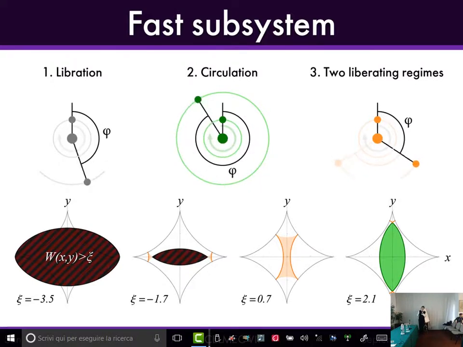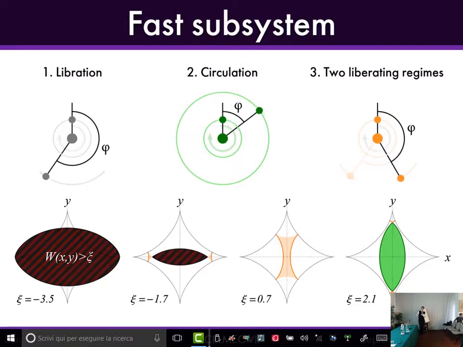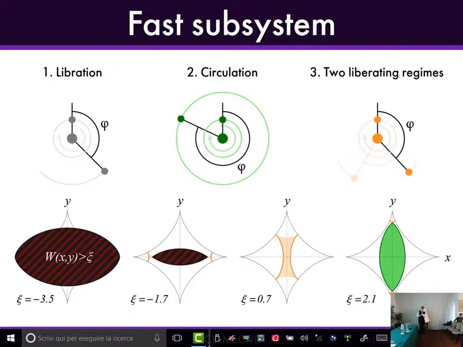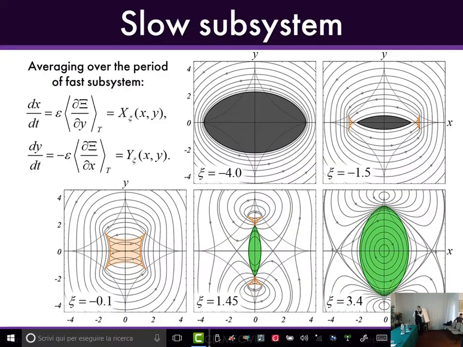After we classified the motion of the fast subsystem, we can obtain the solution for the fast subsystem, and after that average the equations for slow variables along the solution of the fast subsystem. So we change the right parts of the Hamiltonian equations to their average value, and thus we obtain a system with two variables that is complete.